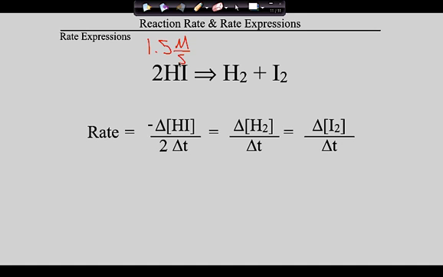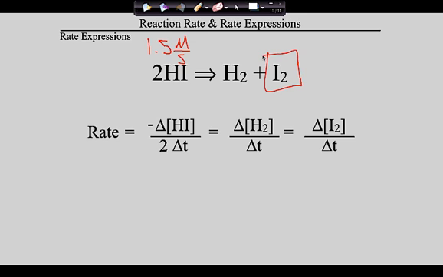At some point, HI is being consumed at this rate. At that same moment, what rate is I2 being formed? I'm just making this up, but this is what it will look like in homework. They'll say, at some moment in time, HI is being consumed at a rate of 1.5 molarity per second. At that same moment, how fast is I2 being created?